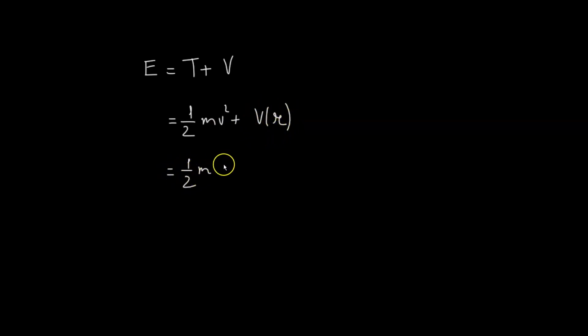Let's also mention that. The constant energy is given by the sum of the kinetic energy and the potential energy. The kinetic energy is ½mv², and our potential energy V is some function of r. We have also mentioned that v² will be simply ṙ² + r²θ̇², plus V(r).